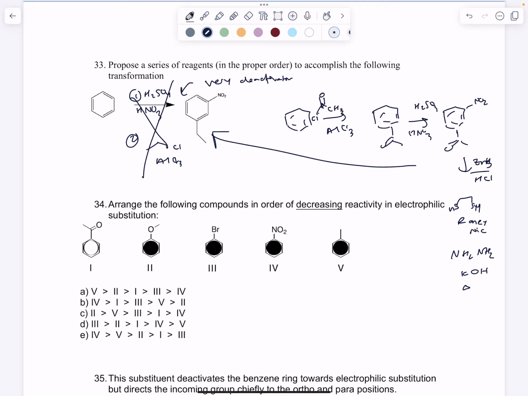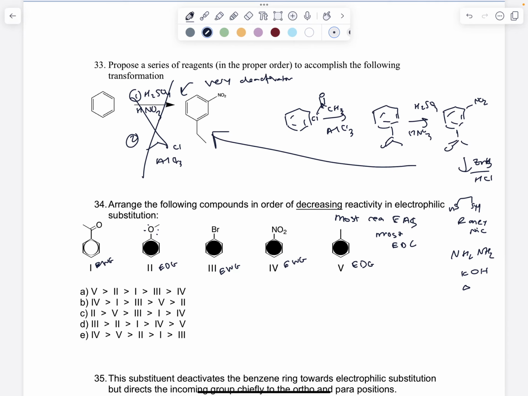All right, arrange the following in order of decreasing reactivity. So what is the most reactive in electrophilic aromatic substitution? Well, it's the nucleophile. So the most reactive is the most electron donating group. So when I look at these, I'm thinking just broadly, this is electron withdrawing, this is electron donating, this is electron withdrawing, this is electron withdrawing, and this is electron donating.